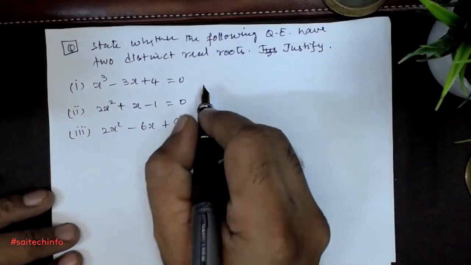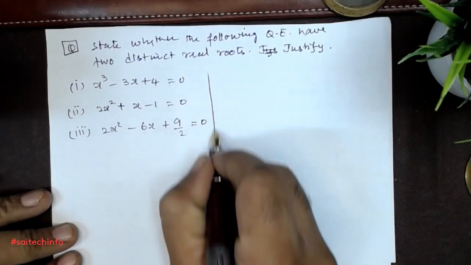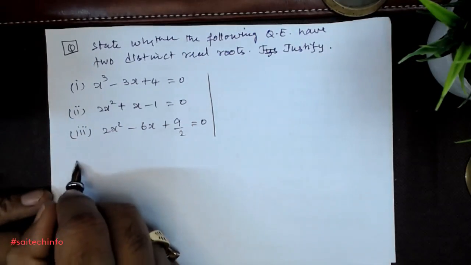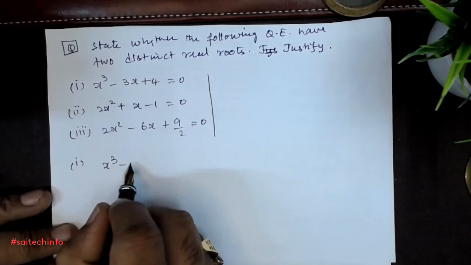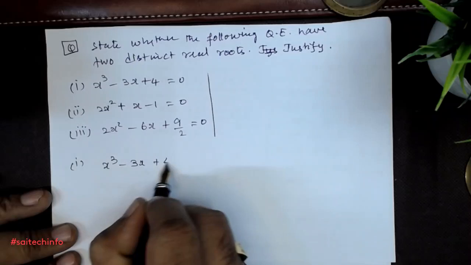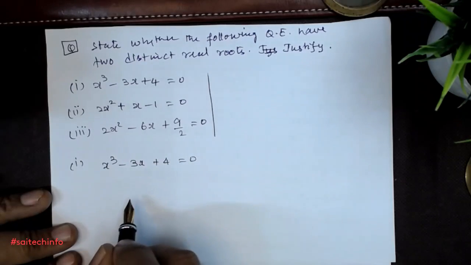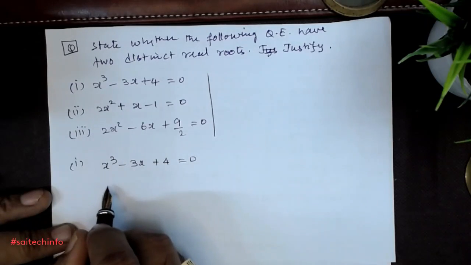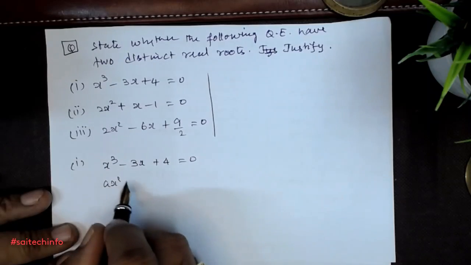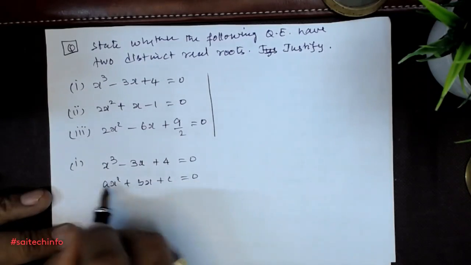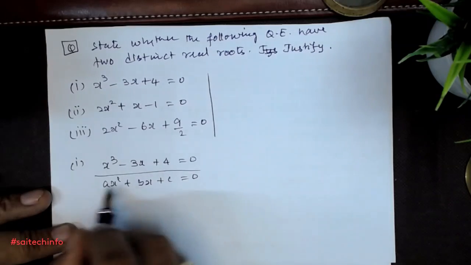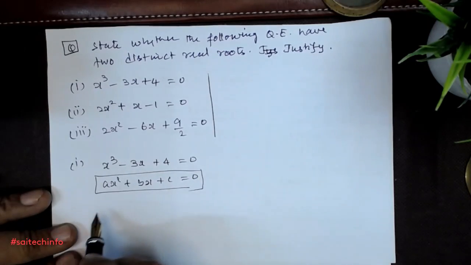Now let us consider the first problem. x squared minus 3x plus 4 is equal to 0. What is the general format of a quadratic equation? ax squared plus bx plus c is equal to 0. So we compare these two equations.